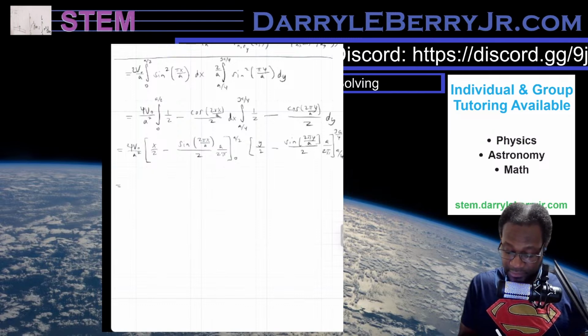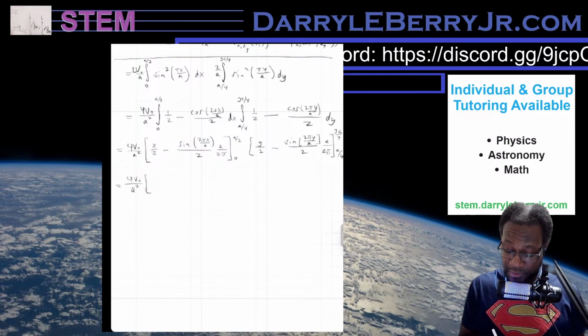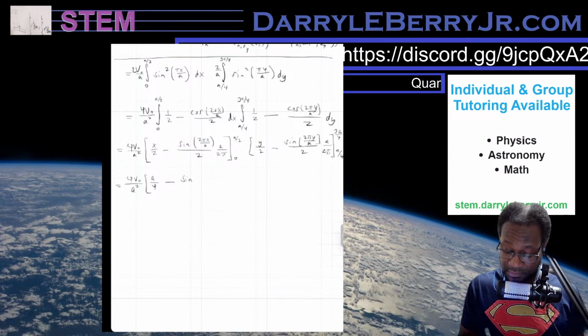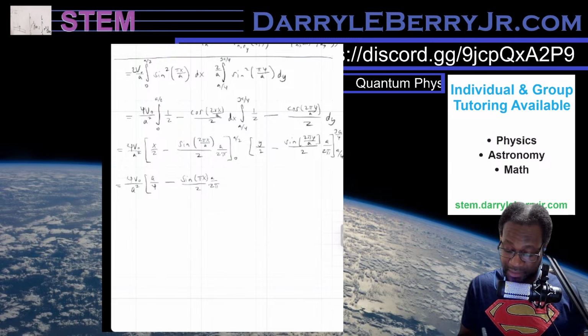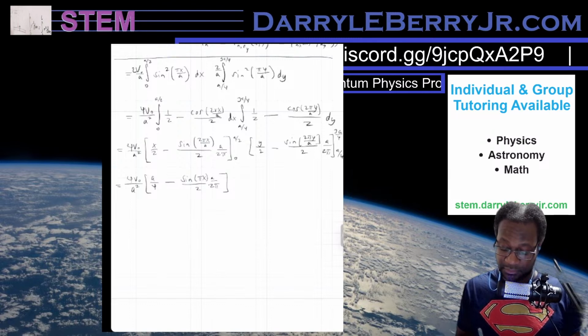So we end up with 4 v naught over a squared times a over 4 minus sine. So the a's cancel, the 2's cancel, pi x over 2, a over 2 pi minus 0.